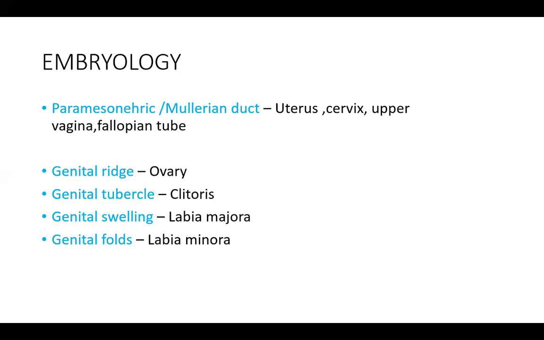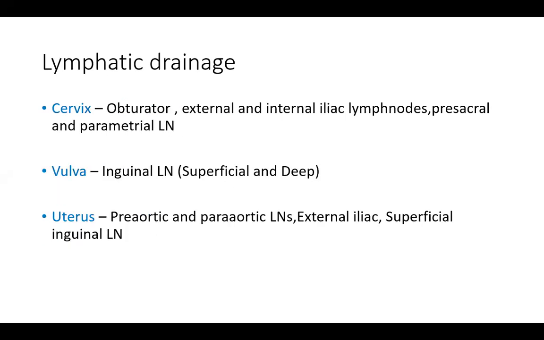But the ovary is not developed from this. The ovary is developed from the genital ridge, and the external genitalia, clitoris, labia majora and labia minora, are developed from the structures starting with the letter genital. So the genital tubercle is for the clitoris, swelling is for majora and folds is for minora.